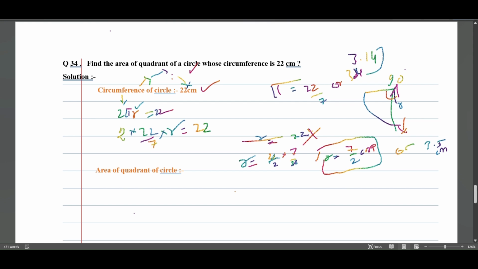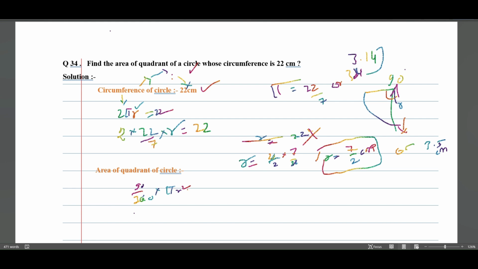So the area of a quadrant of a circle is 90 divided by 360 multiplied by pi r square.